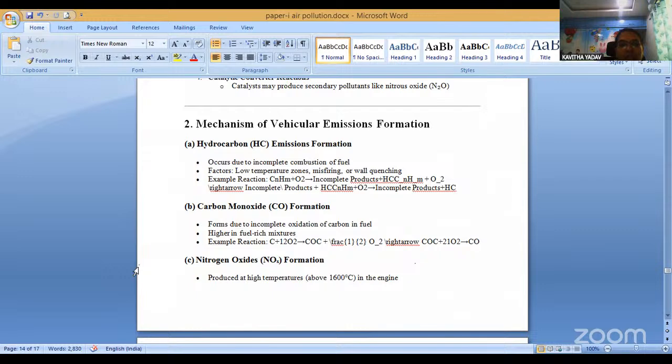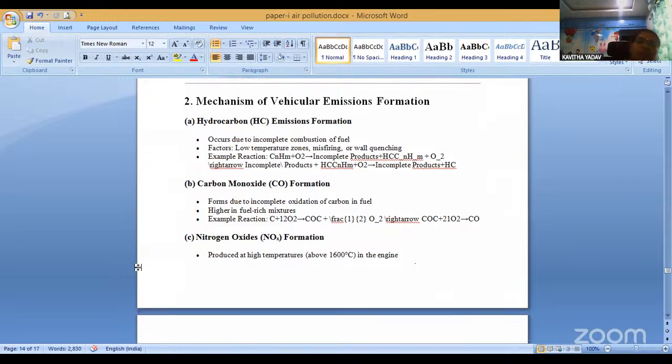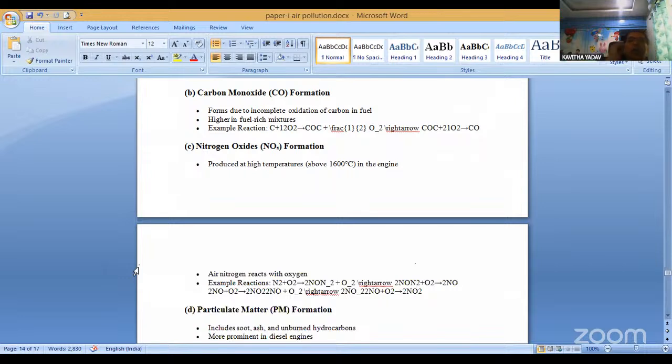And the next one is nitrogen oxide formation. Nitrogen oxides are produced at high temperatures in engines, when the temperature is about 1600 degrees centigrade and air nitrogen reacts with oxygen.